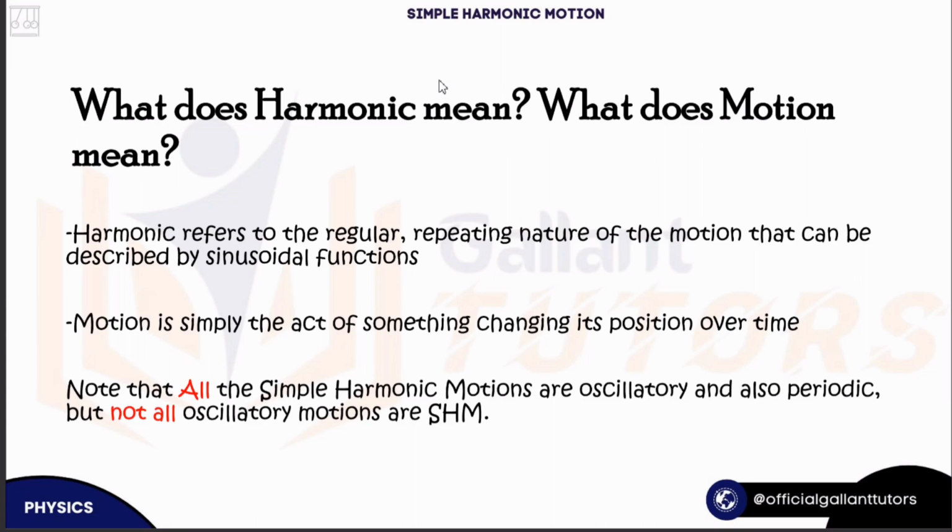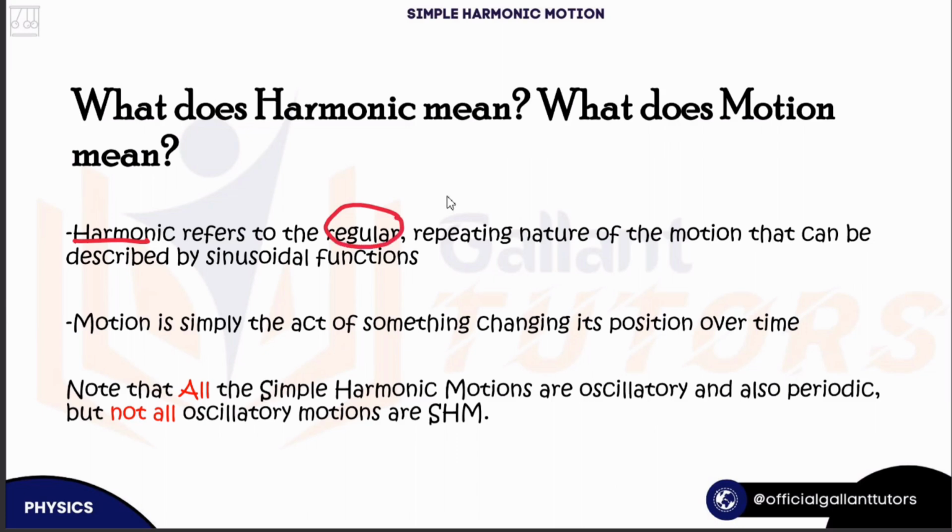Okay, so harmonic refers to the regular repeating nature of the motion that can be described by a sinusoidal function. Okay, let me come again. We have to know that in harmonic motion, there is actually a regularity.